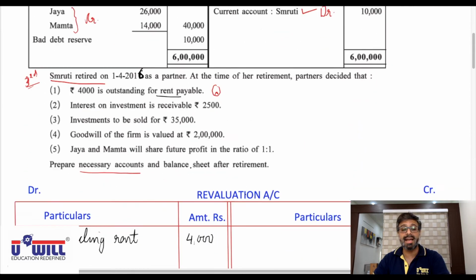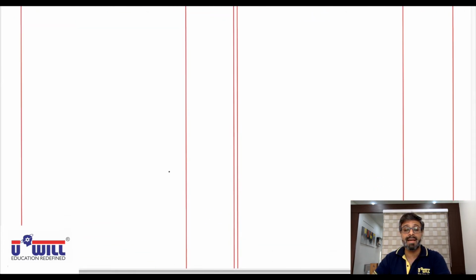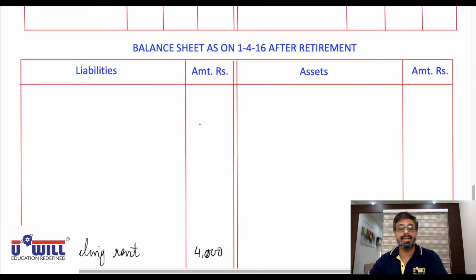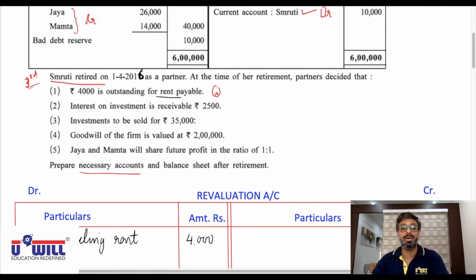Already there is no such liability on the liability side, so balance sheet on liability side will record new liability of outstanding rent 4,000. Revaluation account debit, so in revaluation account on debit side, and to outstanding rent will come on the liability side 4,000.